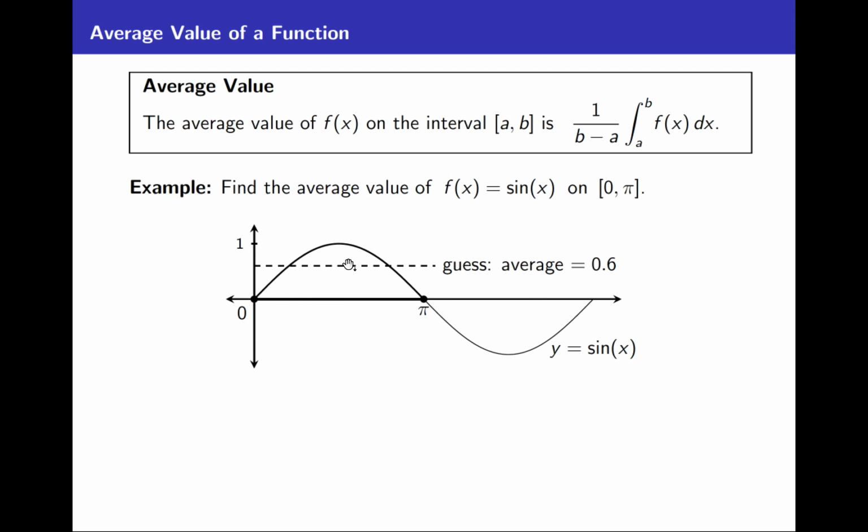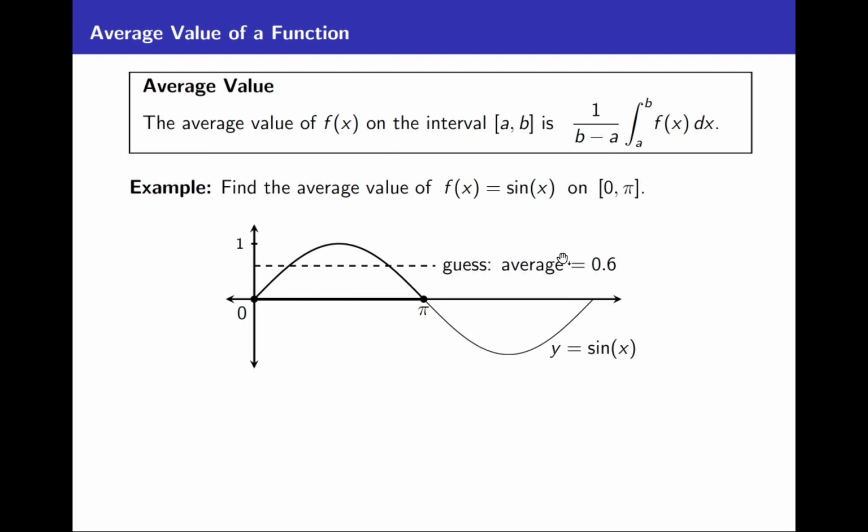If you think about a y value that might be the average value of sine of x, you play around with raising and lowering a horizontal dotted line like this, and somewhere around midway between 0 and 1, you get to a point where it seems to balance out, that the values of x where f of x is lower than that, and the values of x where f of x is higher than that dotted line, kind of balance out somewhere around 0.6.